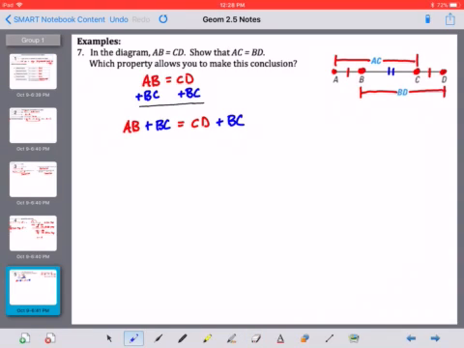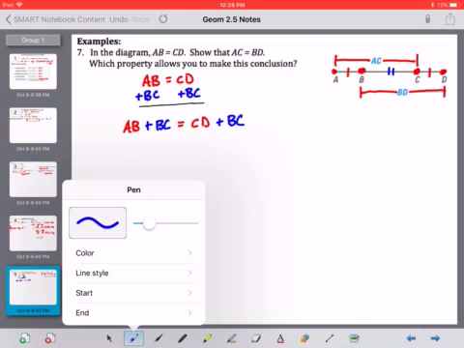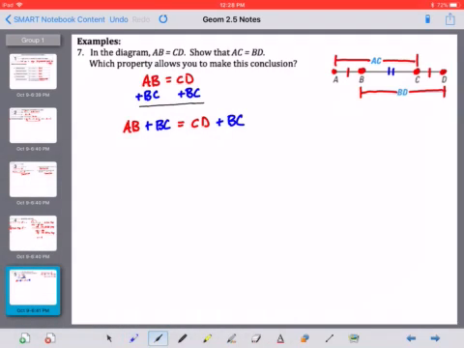All right. Well, AB plus BC is what segment? It starts at A and ends at C. So what we can end with here is that AC is equal to, and then CD plus BC is simply this whole segment here, which is BD.